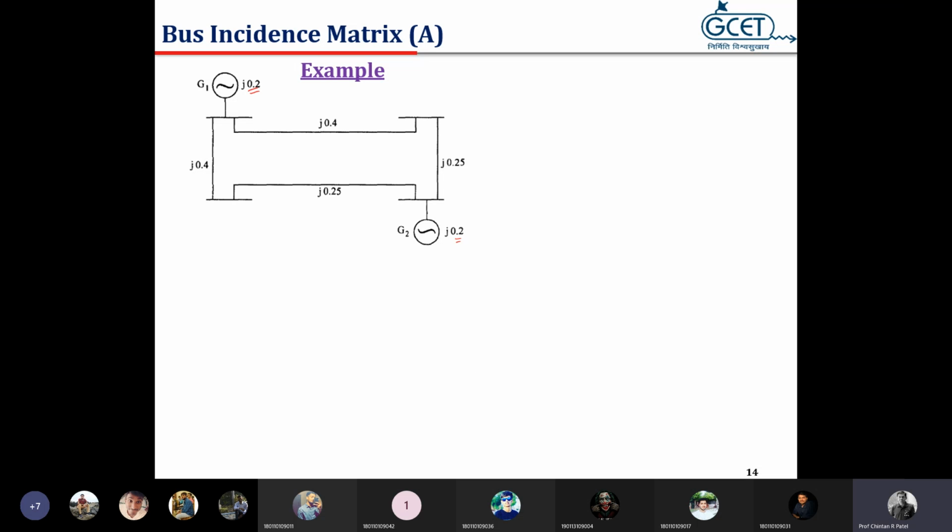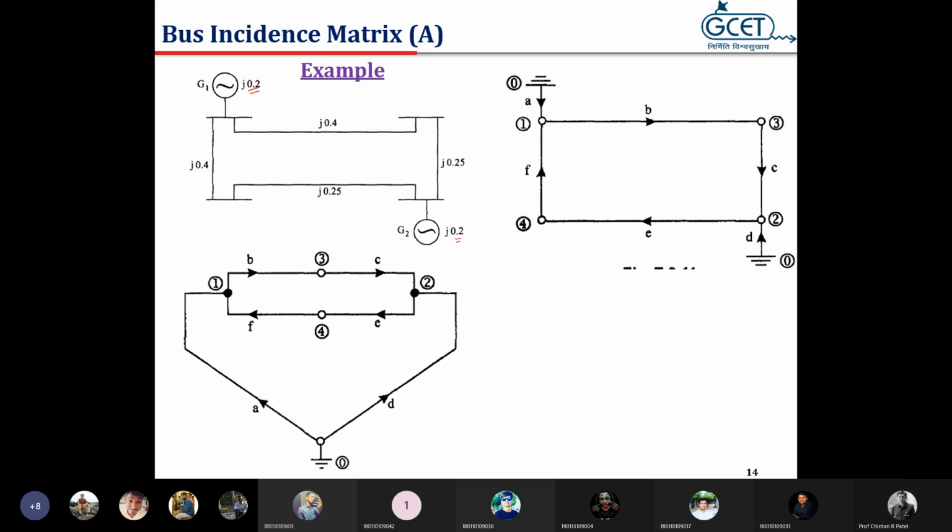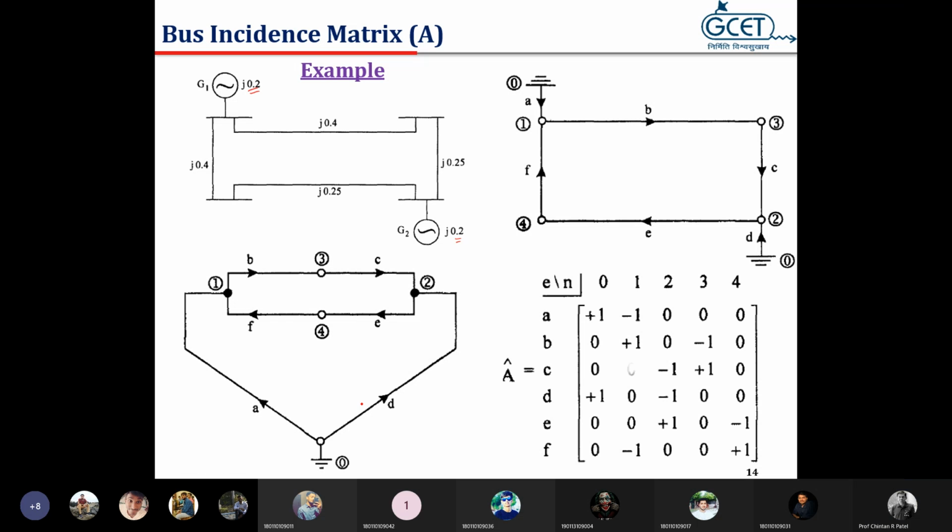So the simple and same method. First draw the graph. So this is the graph, and it is an oriented graph. From the oriented graph, both the ground nodes are connected here at a common point, and this is the incidence matrix for the given system. All the elements are denoted by A, B, C, D, E, F, and all the buses are denoted by 0, 1, 2, 3, 4.